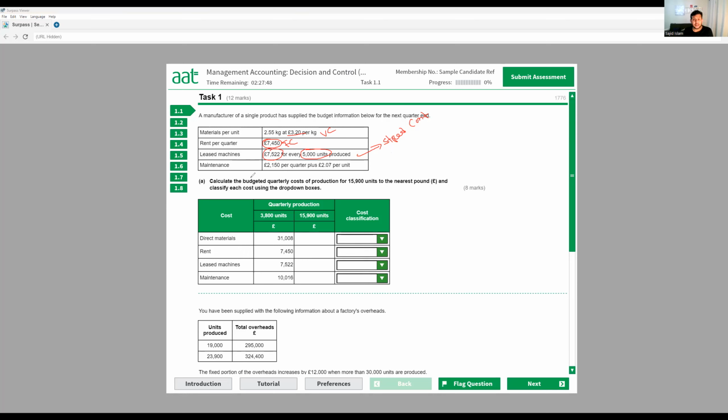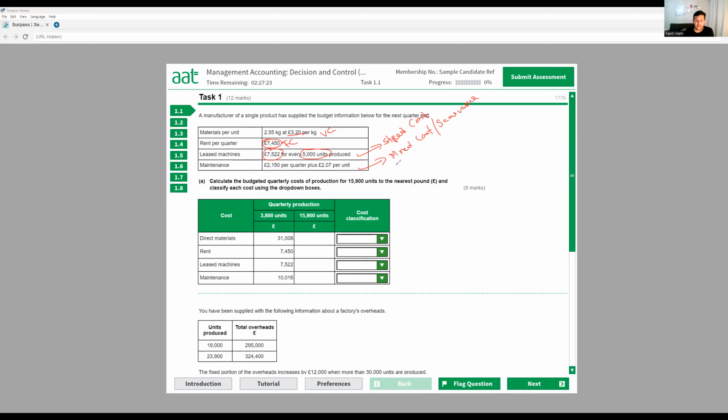Then we have maintenance. The maintenance is 2,150 per quarter plus 2.07 per unit. That means it is a mixed cost, or sometimes we call it a semi-variable cost.